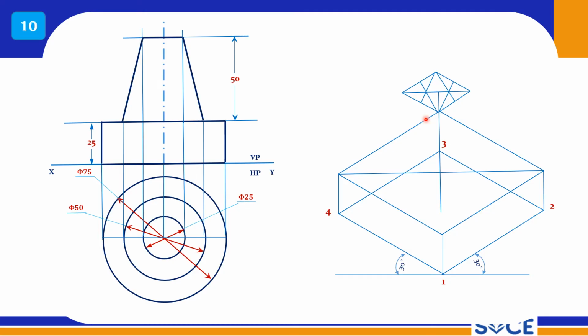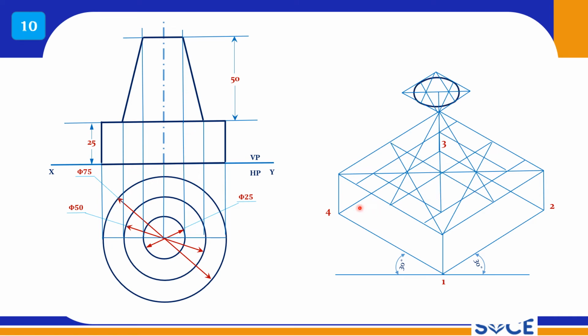Now use 4 centers and draw the circle. This circle can be drawn directly here without any hesitation, right? Draw the 4 centers for this, and 4 more centers for the bottom, right?